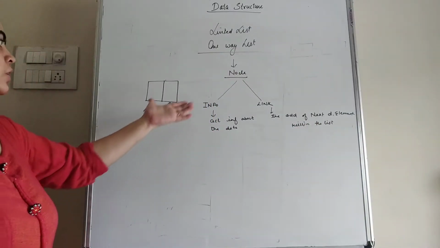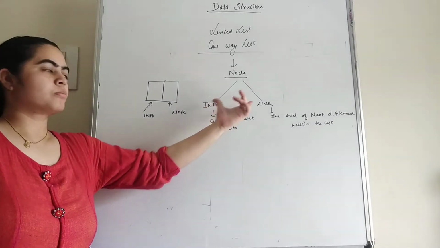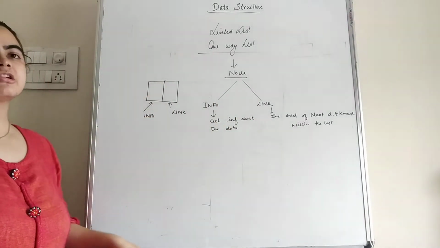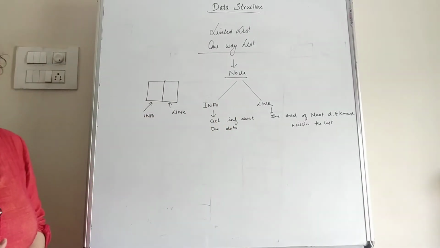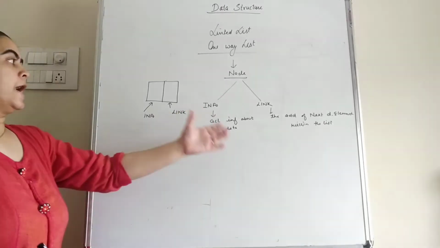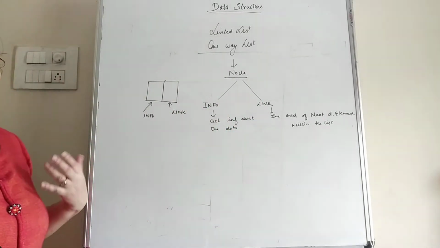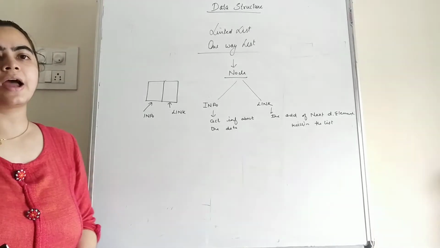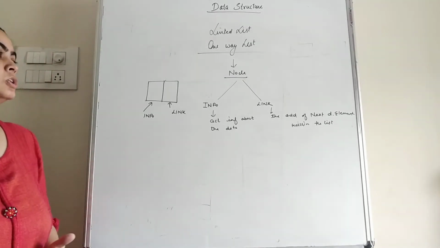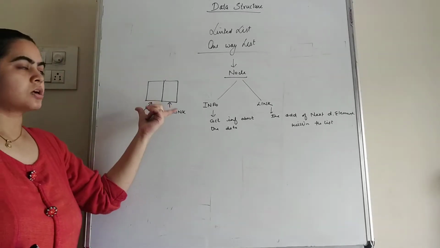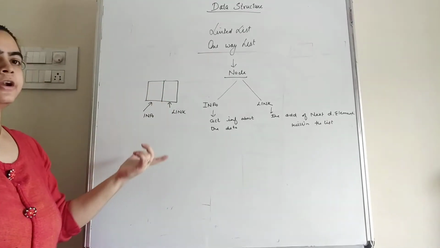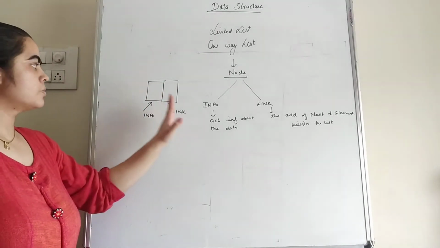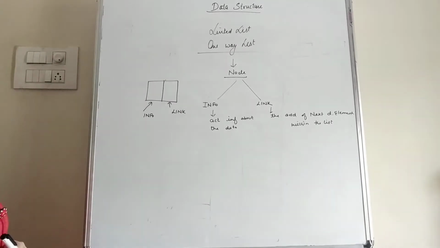So basically node is divided into two parts, information part and link part. Information part contains the actual contents that user wants, and second is the link part, meaning the address of the next data element where it is stored. So this is the structure of node, where node is divided into two parts. First part is the information part and second part is the link part.